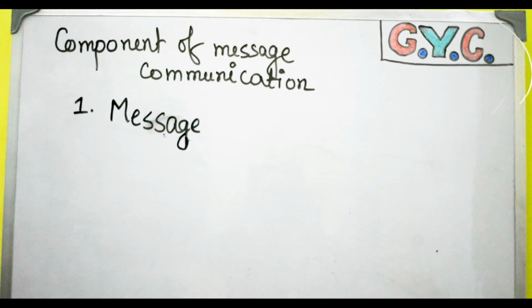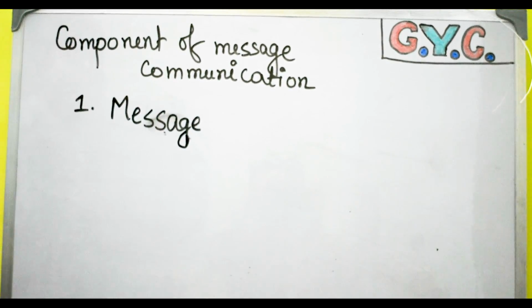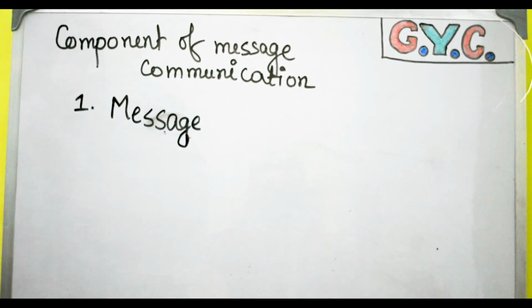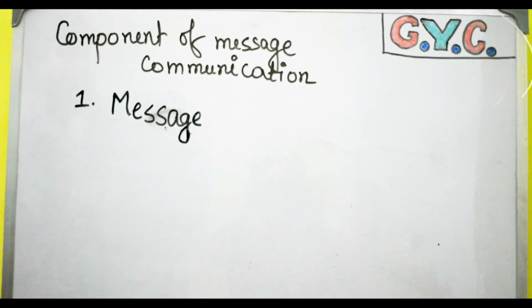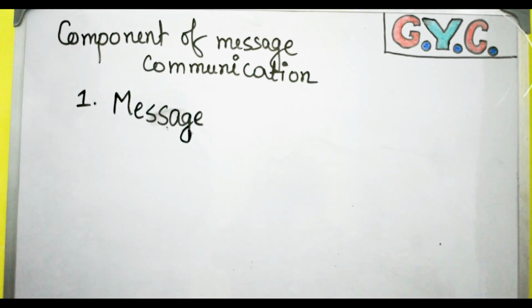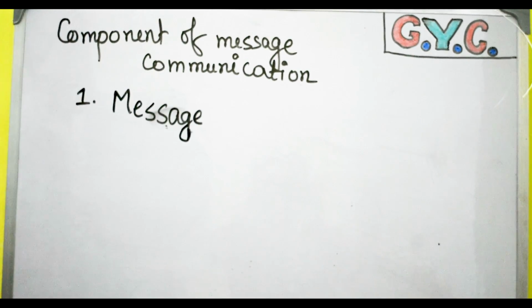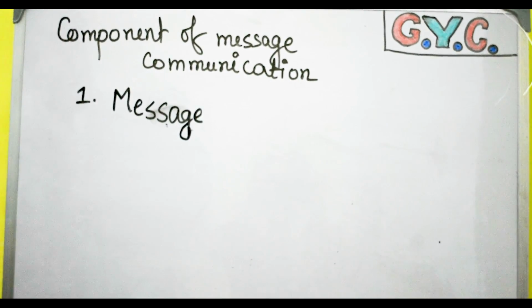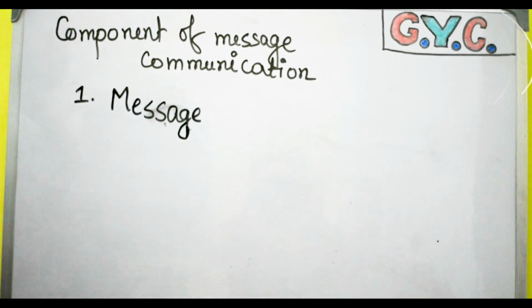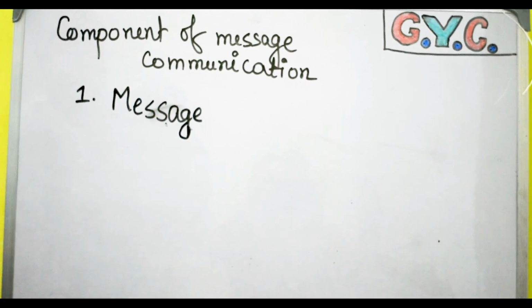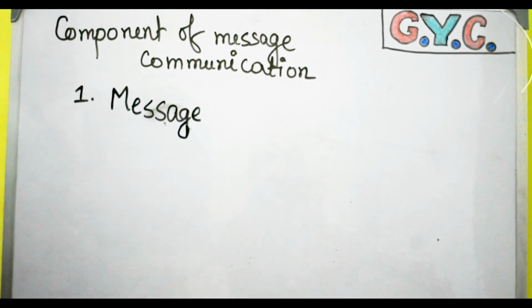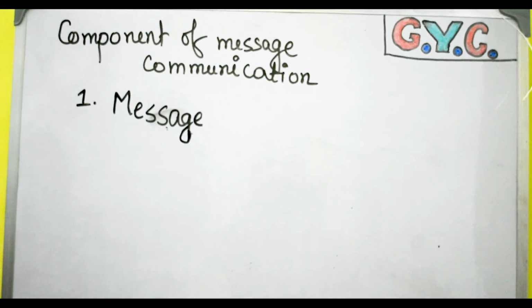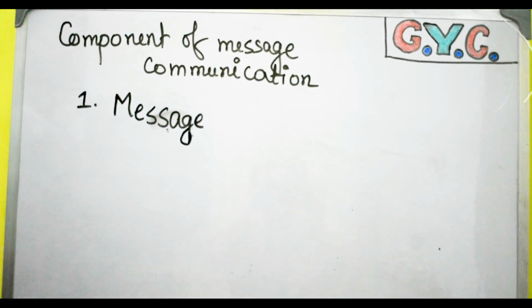So the first component is message. Message means some information that needs to be conveyed from a sender to a receiver. Suppose you want to say something to your friend and you have no message.